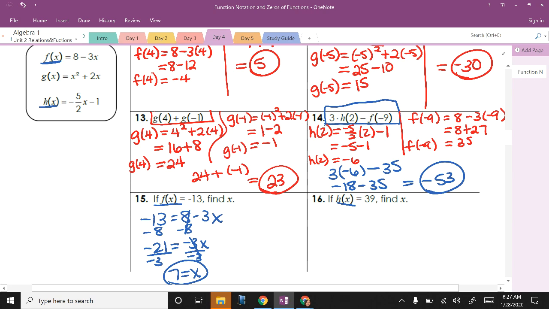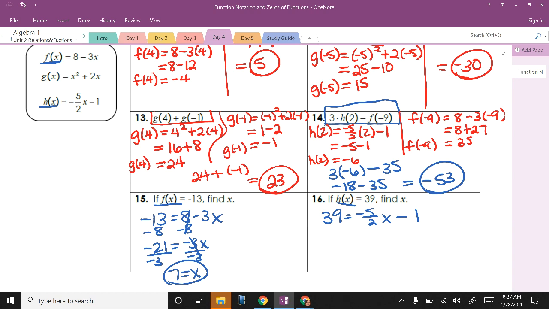So, I write what equation? X minus 1. Y'all see what I did there? It says those two equal, so I can replace h of x right here with the 39. And now solve the equation for x.